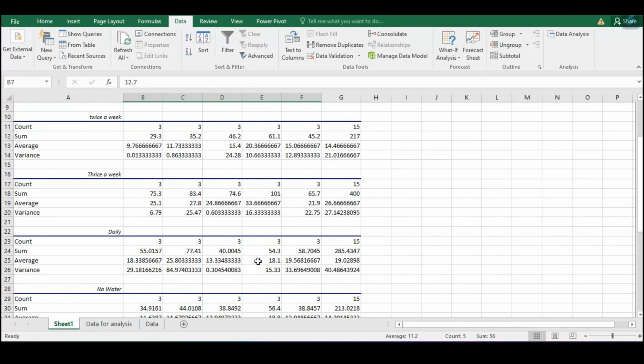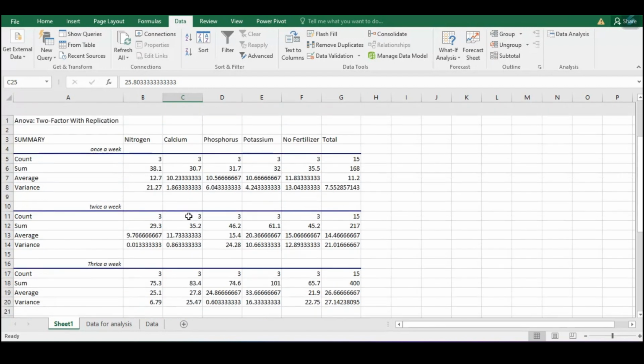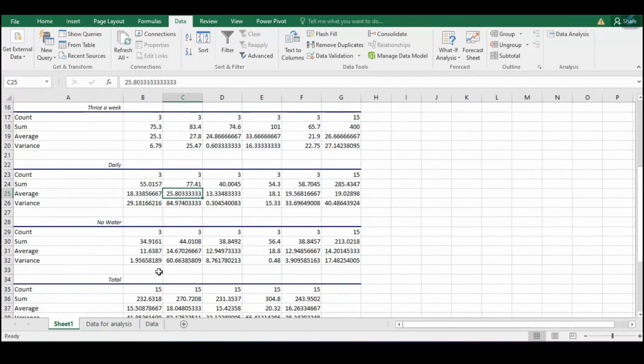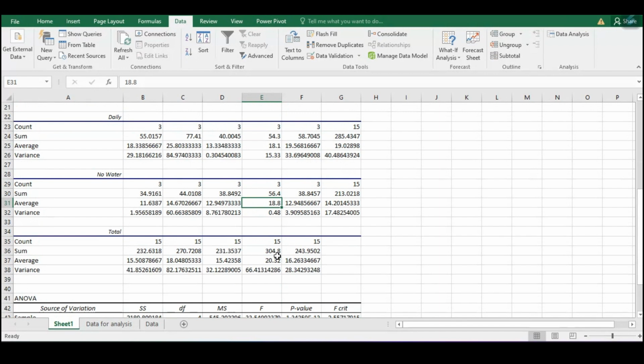You'll find that in daily, 25 is the highest average, at calcium. So calcium recorded the highest when you're putting water daily. If you're not watering, the highest level will be 18.8, which is potassium. So that is how we are going to get the results.